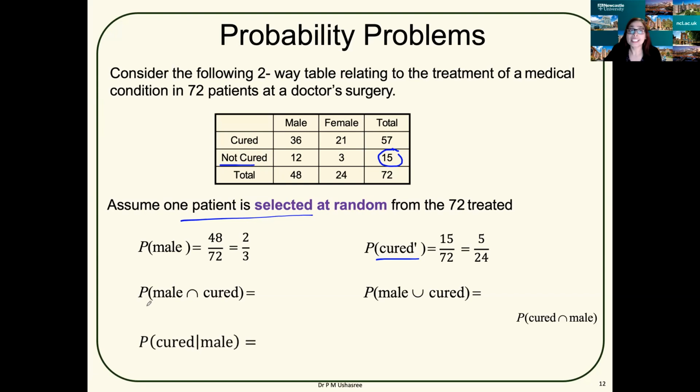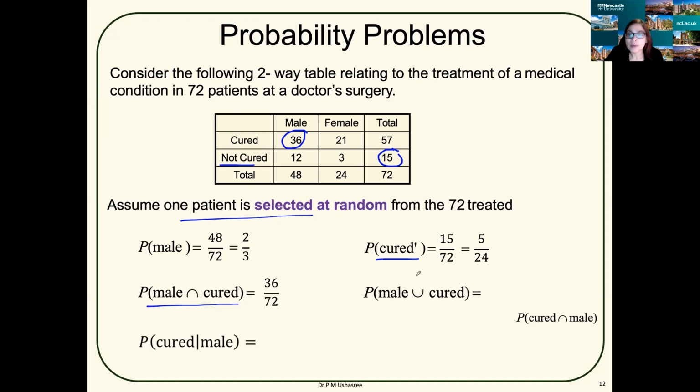Now, what is the probability that you pick a male and the patient is cured? Okay, so that's 36 by 72.